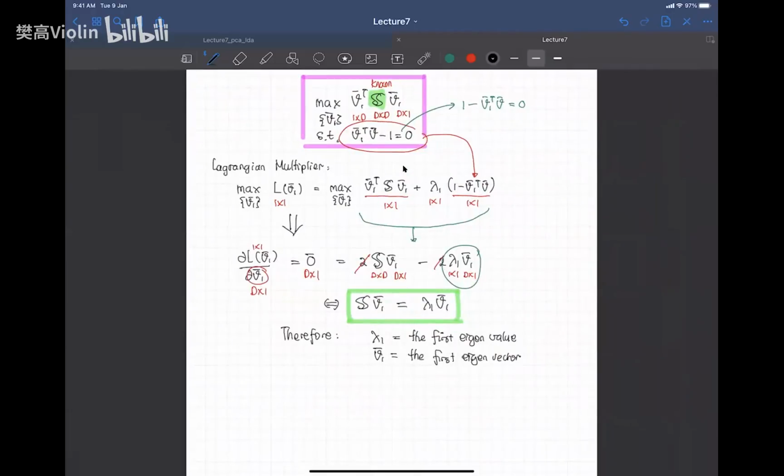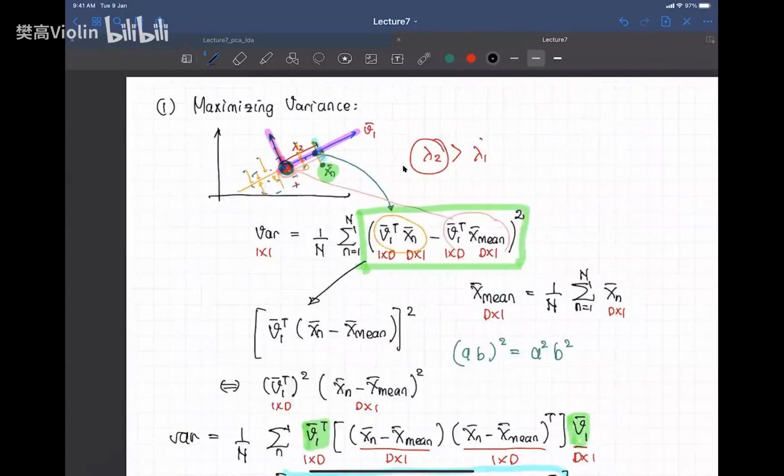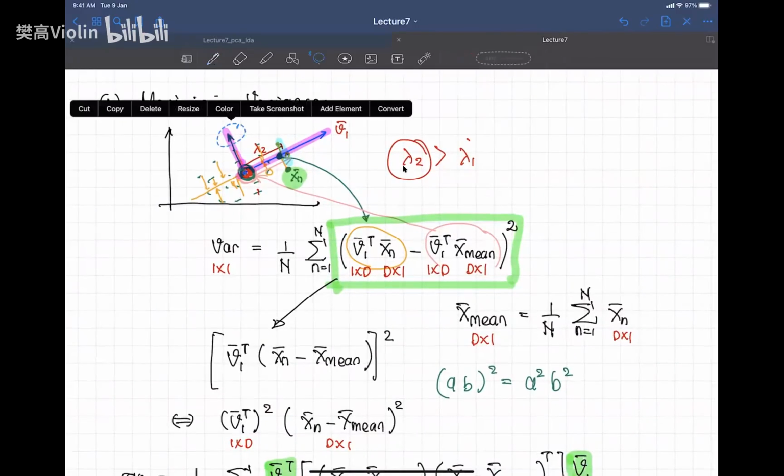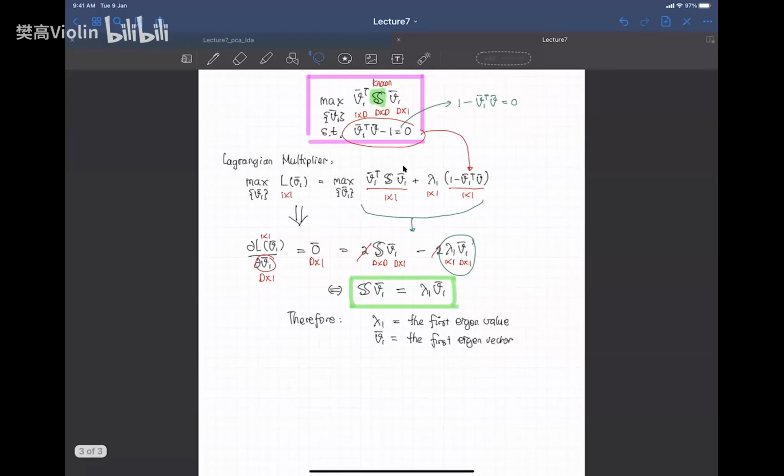So maximizing the variance that we did in the beginning will lead us to this first eigenvalue and the first eigenvector, assuming that we only have one line. So assuming that we only have one projection, V1. Okay. Any questions? Any questions so far?